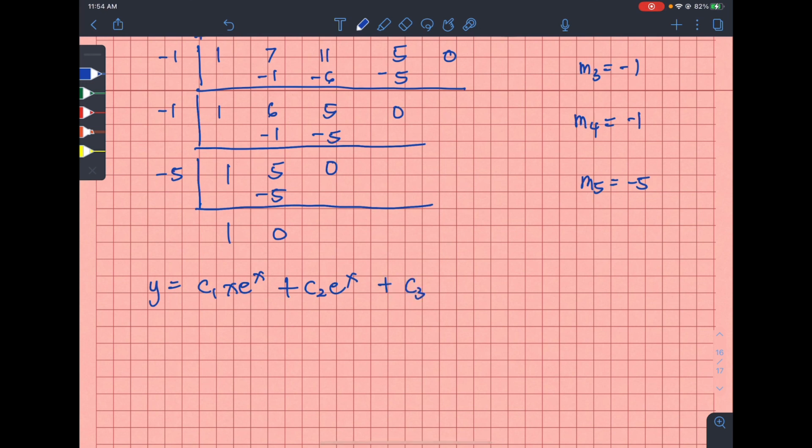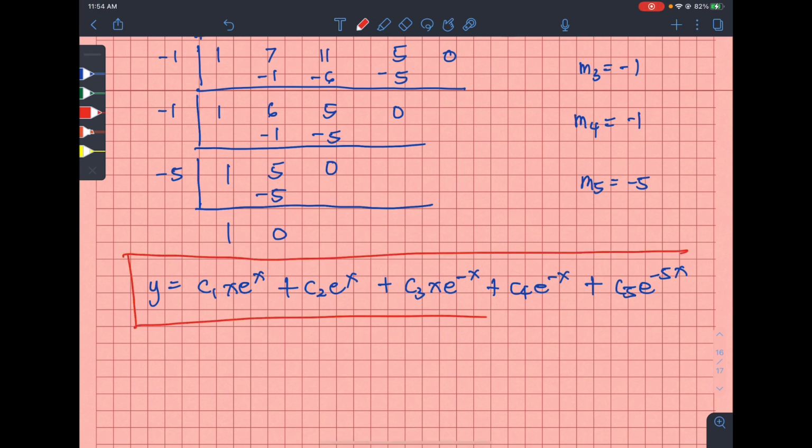And plus c3 x e raised to negative x, that is for negative 1. And plus c4 e raised to negative x. And lastly, plus c5 e raised to negative 5x. So that will be the general solution. And that's all for our examples.